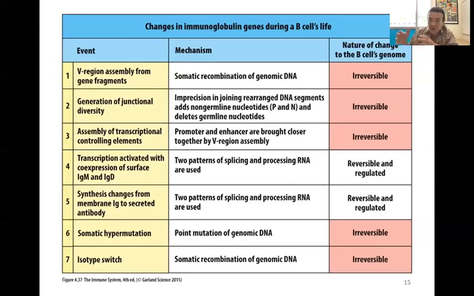Or there are some steps that can go back and forth because it doesn't involve genomic rearrangement. It has to do with alternative RNA editing and splicing. So look at these, try to make sense of it. I think they phrase this as changes in the genes of a B cell throughout its life. Okay, this will become even more clear to you as we discuss this further.